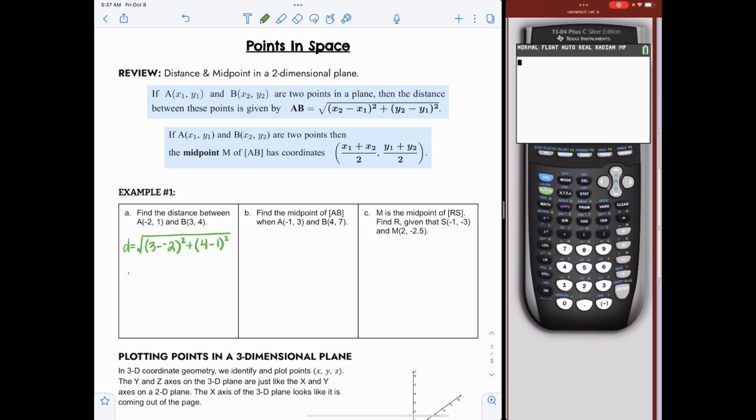Then I simplify everything, so I know my distance is equal to the square root of 3 subtract -2, which is the same thing as 3 plus 2, and that's 5. So that'd be 5 squared plus 4 minus 1 is 3, so that's 3 squared.